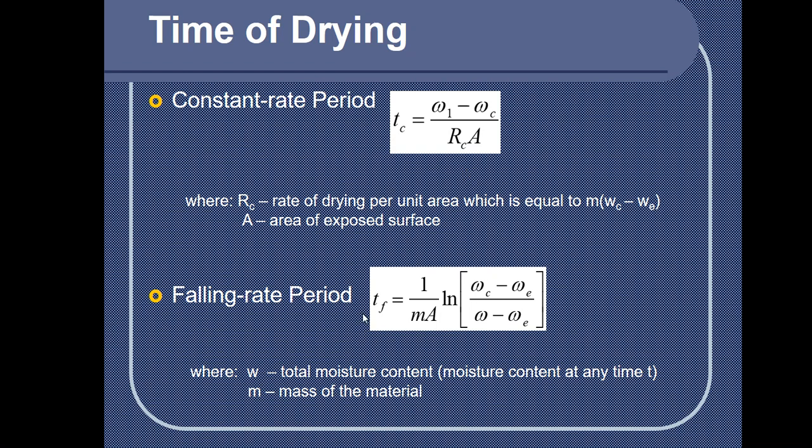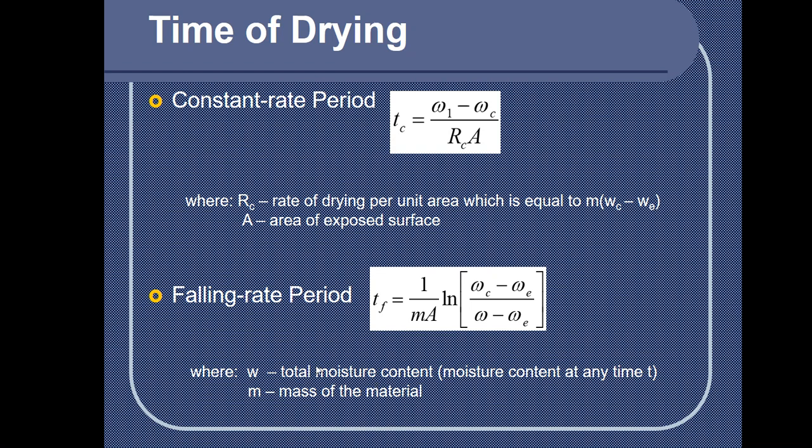So for the falling rate period, it's 1 over MA, where M is the mass of the material and W is the total moisture content, the moisture content measured at that particular time at which you are to determine the drying time. So that's your falling rate period.